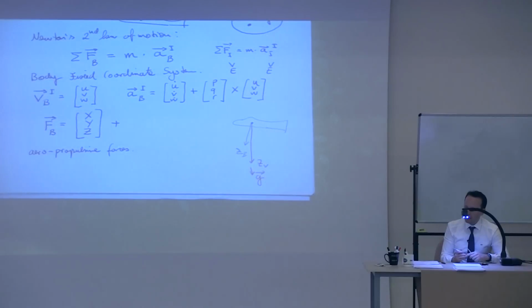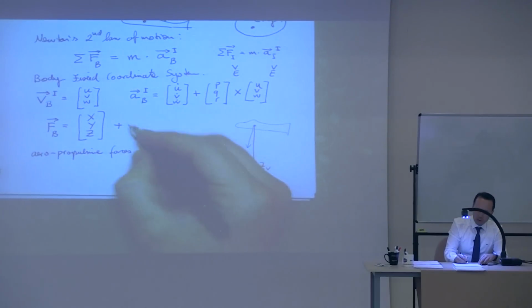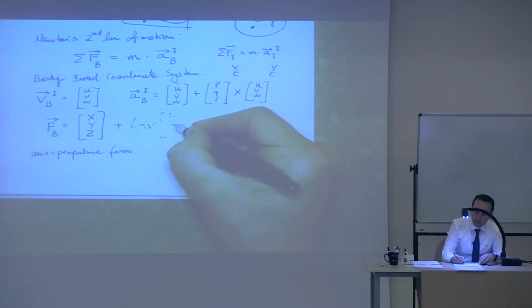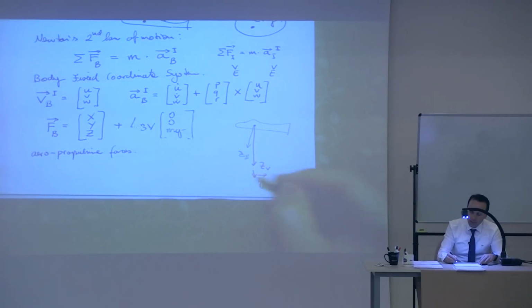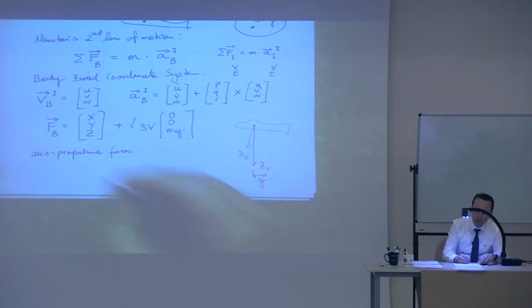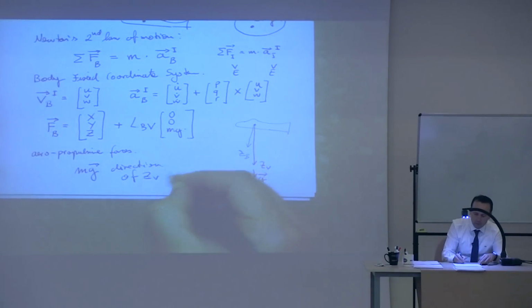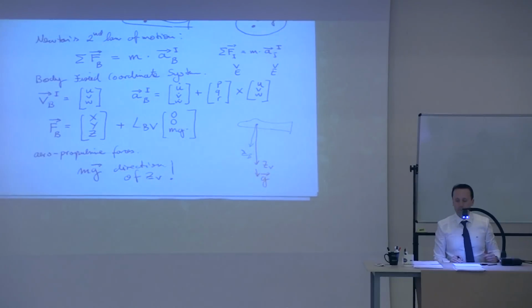So an easy way for me to write the weight in the body fixed coordinate system is to use the transformation matrix from vehicle to body and say 0, 0, mg. Because mg is in the direction of ZV. Is that clear?